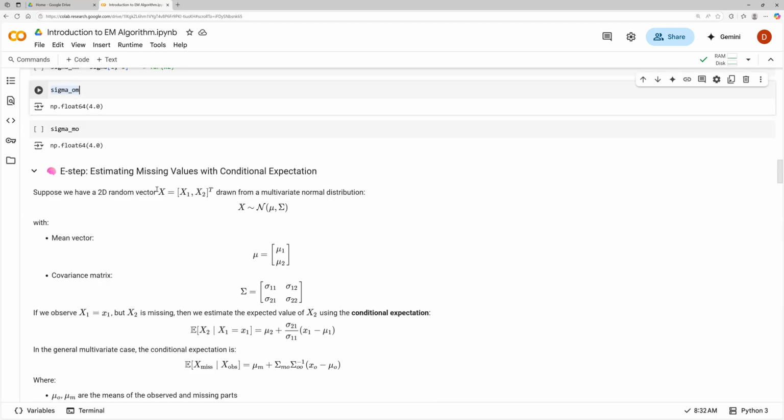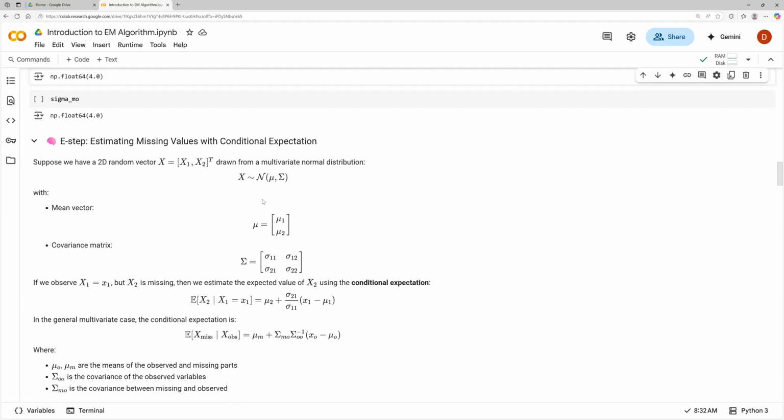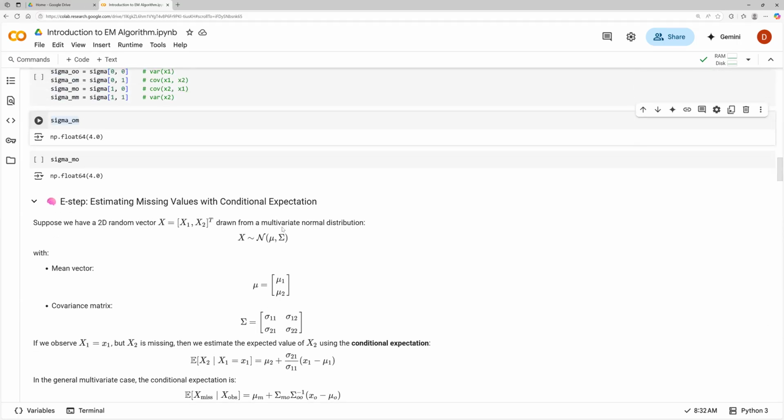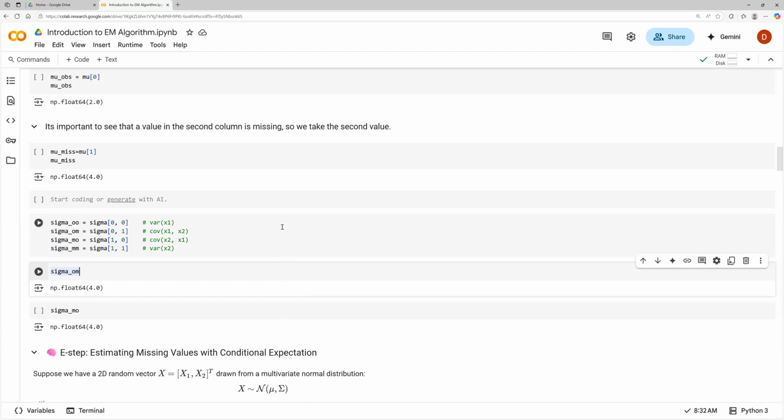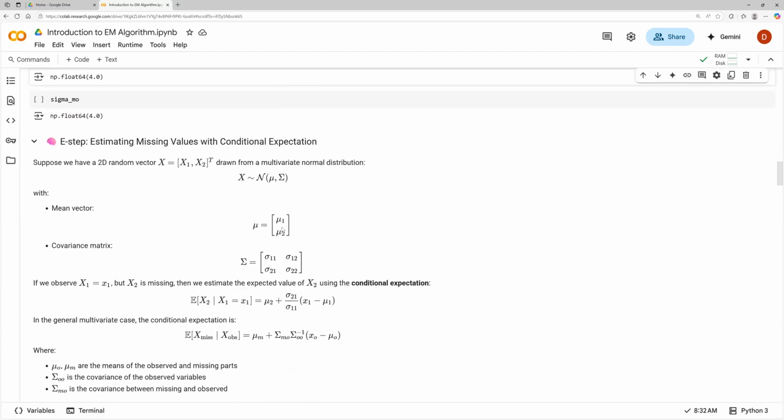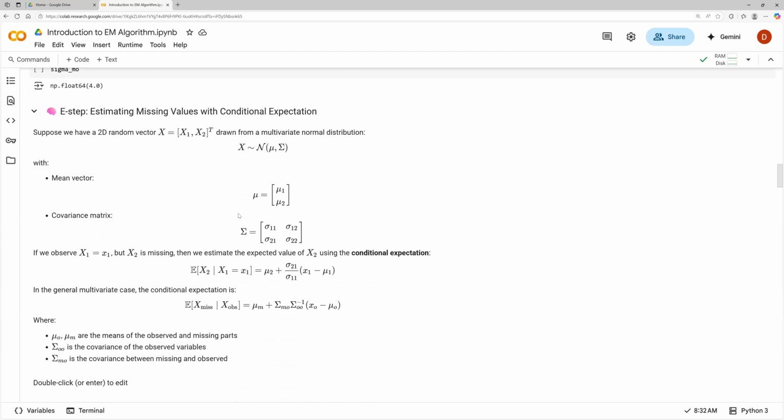So we say that a 2D random vector, x equals x1, x2 transpose, is drawn from a multivariate normal distribution with mean vector mu1, mu2 and a covariance matrix. You could see that we calculated that from the complete matrix. We took the covariance matrix and we see that the diagonals, sigma 1,1 and sigma 2,2, are the variances, and sigma 2,1 and sigma 1,2 are the covariances.